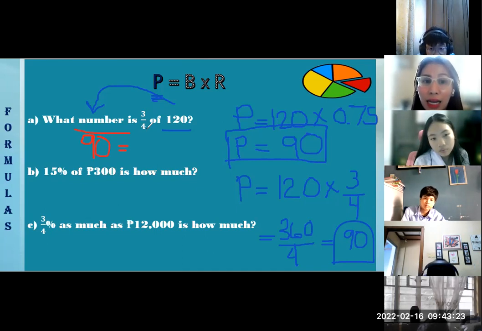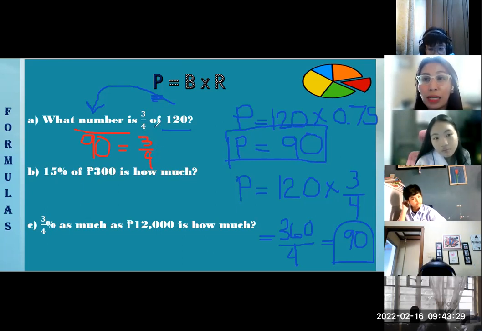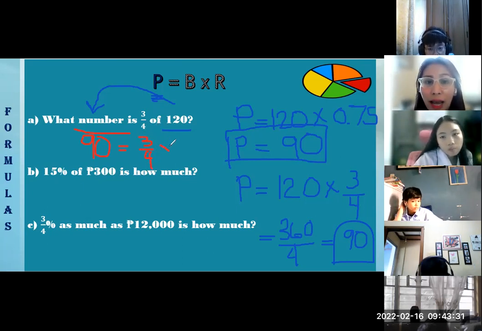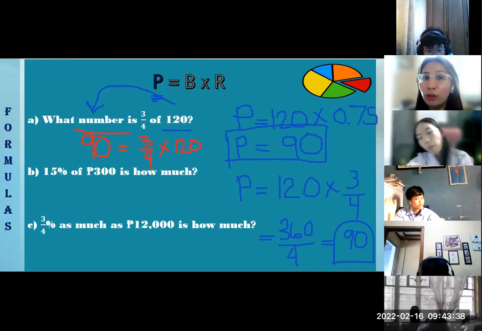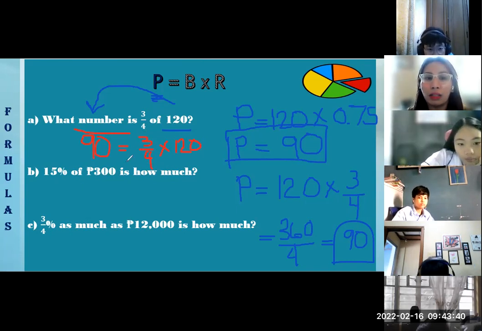Okay? 90 is 3/4. And then yung off, it means you multiply times 120.